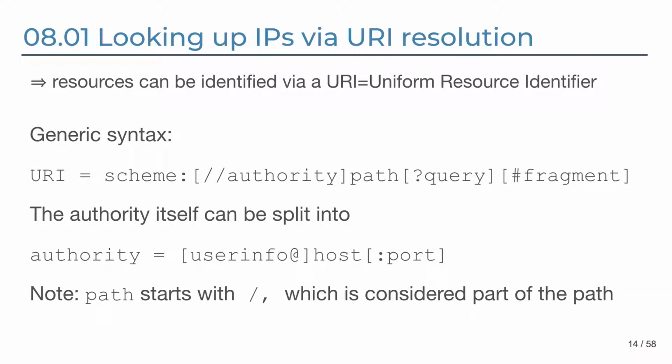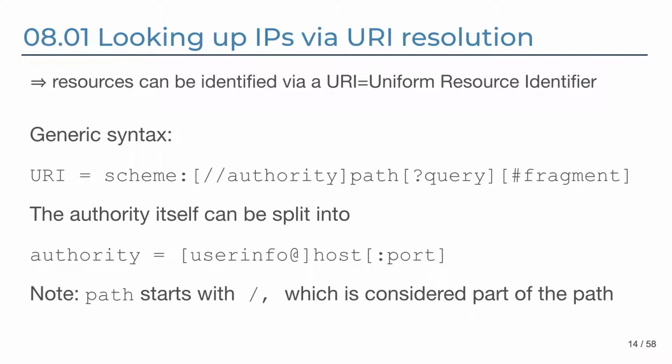The way this works is we need to locate the resource which we want to identify. And there is one way that's at this point standard to identify a resource over the network, and that works by using a so-called uniform resource identifier. The generic syntax for this works like this.